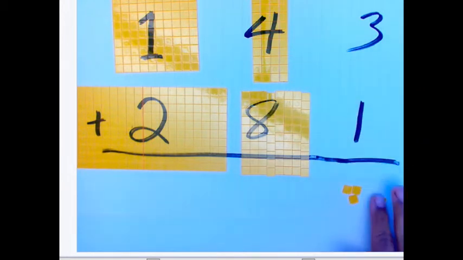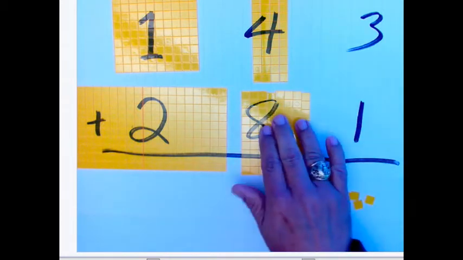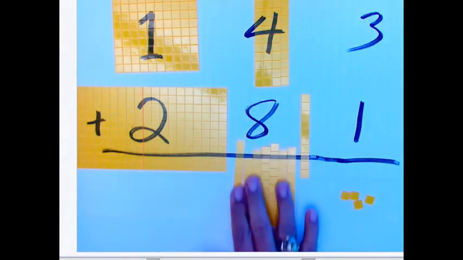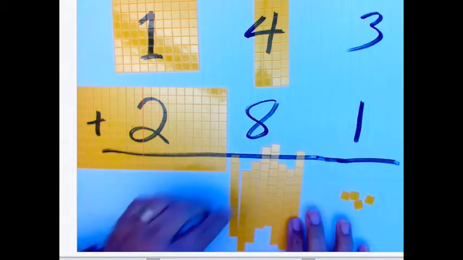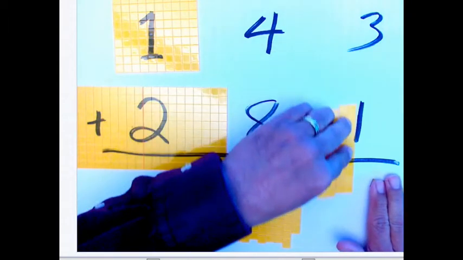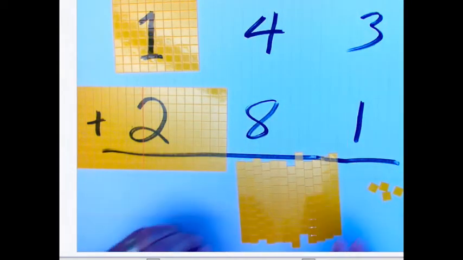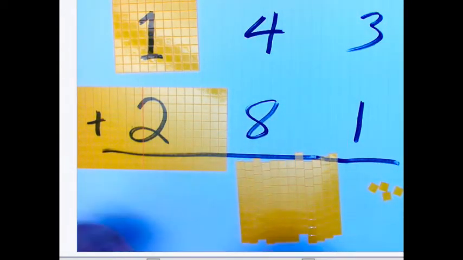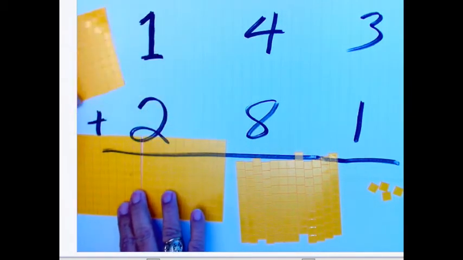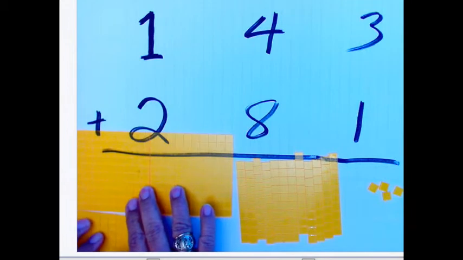If we go through the process, here's 3 ones plus 1 one for a total of 4. And then we have 4 tens and 8 tens. Combine those. And then we have 100 plus another 200.